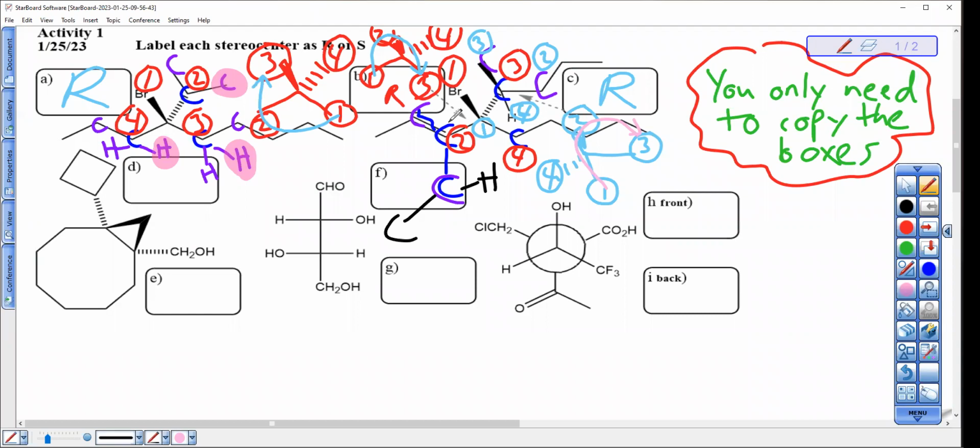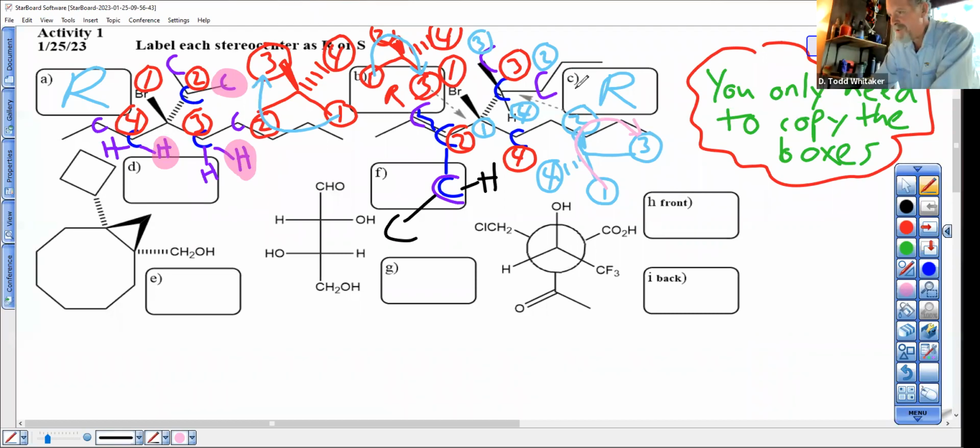You're welcome. And then moving from C to D, 2 stereo centers, D will be this one, and E will be this one. Let's do this D one first.